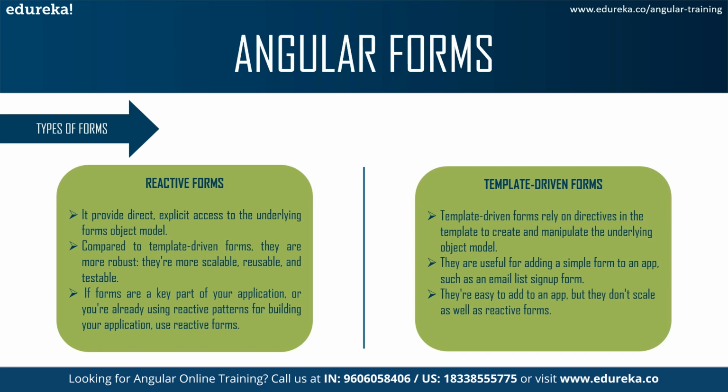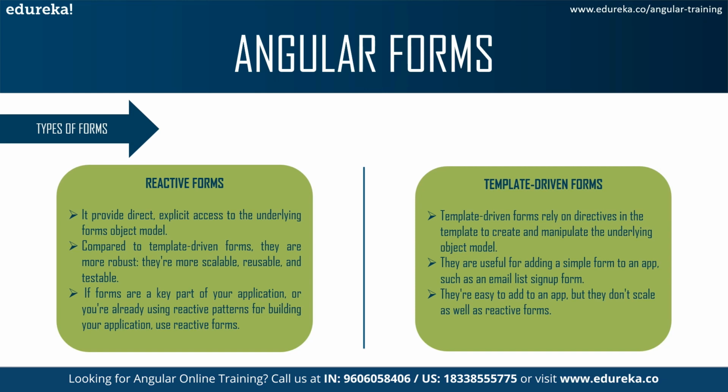Compared to template-driven forms, reactive forms are pretty scalable, reusable, and even testable. But template-driven forms are easy to create. They might not be easy to test and reuse, but they are easy to create, and they are used in small applications like email and sign-up forms.